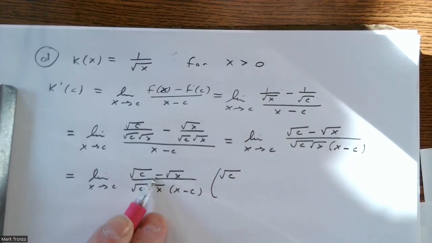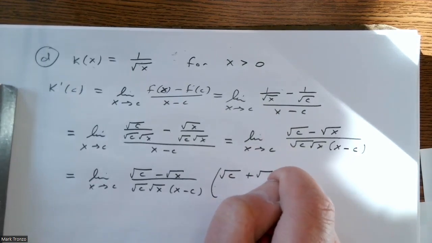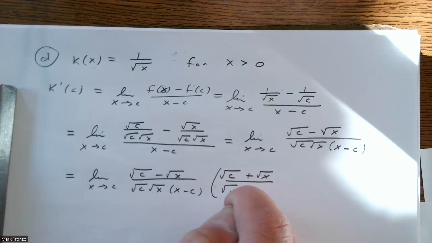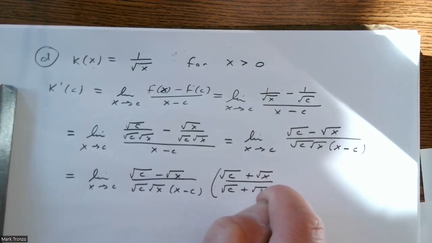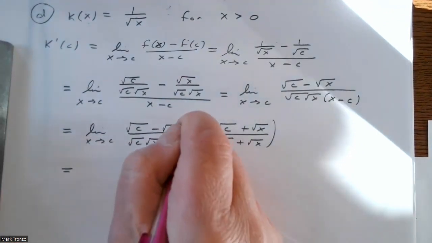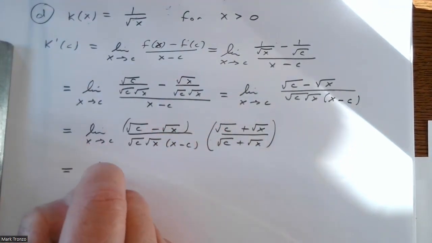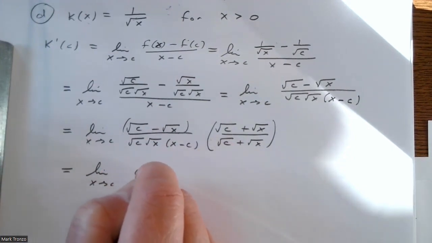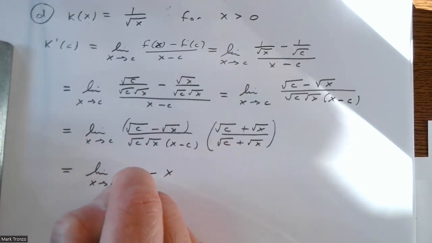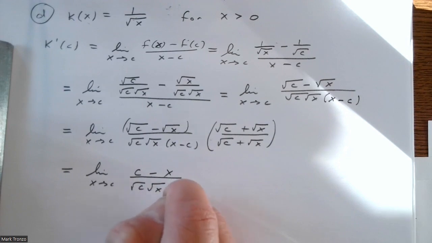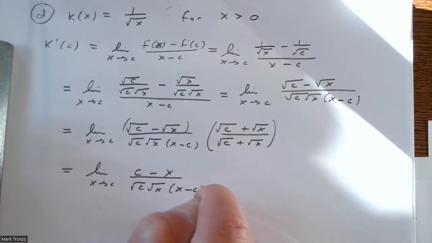And remember, whatever this one is, you change the sign, over square root of c, square root of x, like this. When you multiply the top out, you end up with c minus x, square root of c, square root of x, x minus c.